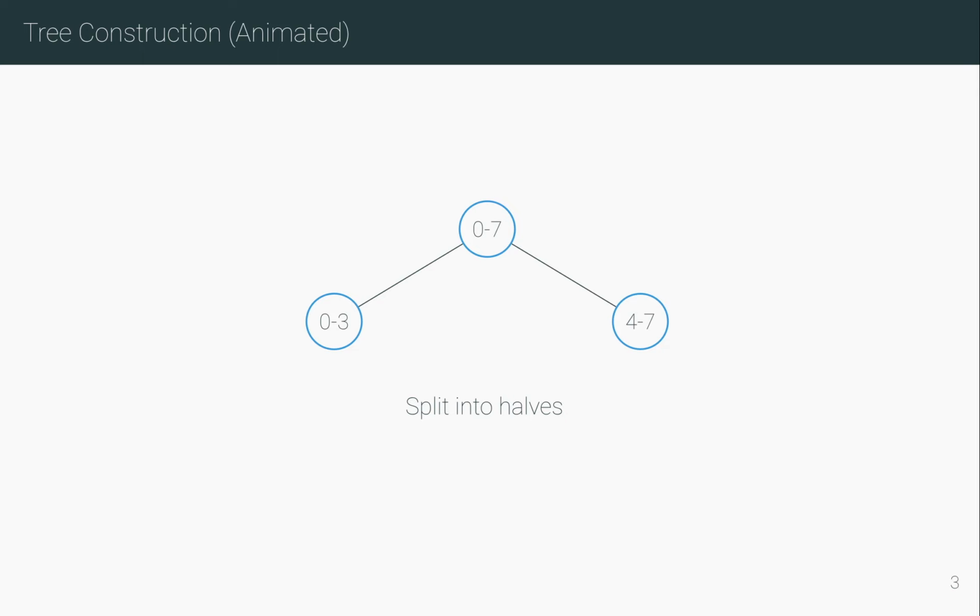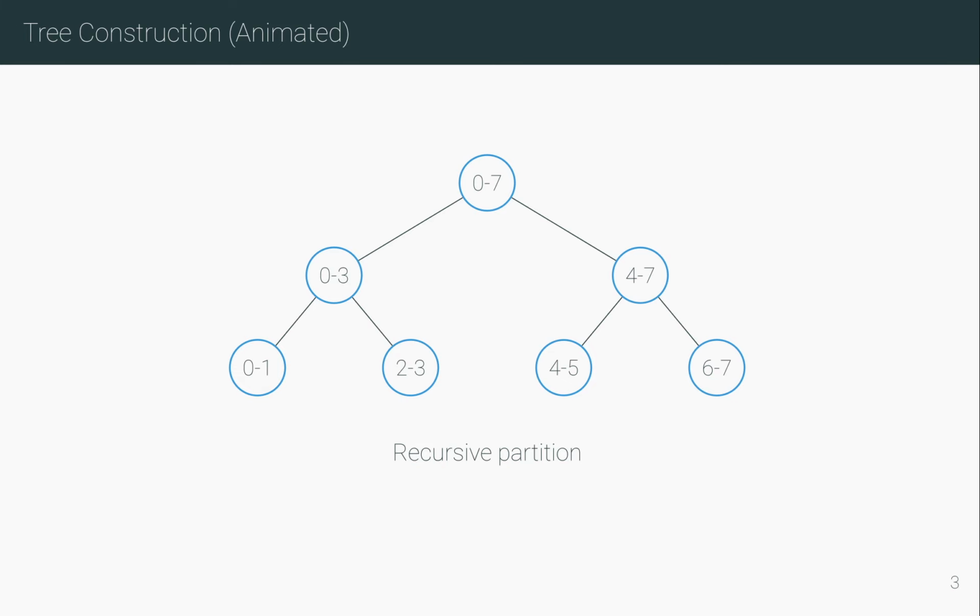So 0 to 7 will be the sum of 0 to 3 and 4 to 7. And then you split again. So the left side, 0 to 3, becomes the segments 0 to 1 and 2 to 3. When you sum 0 to 1 and 2 to 3, you get 0 to 3. And similarly on the right side, 4 to 7 is split into two halves, 4 to 5 and 6 to 7. When you combine 4 to 5 and 6 to 7, you get 4 to 7.